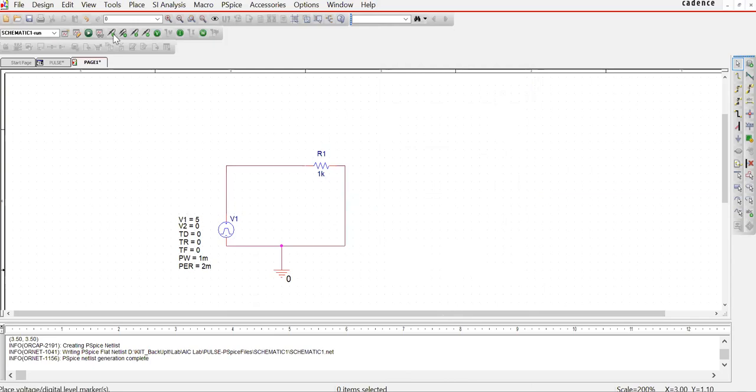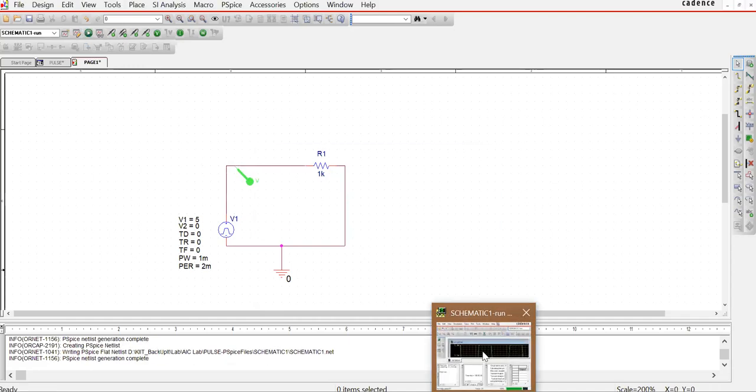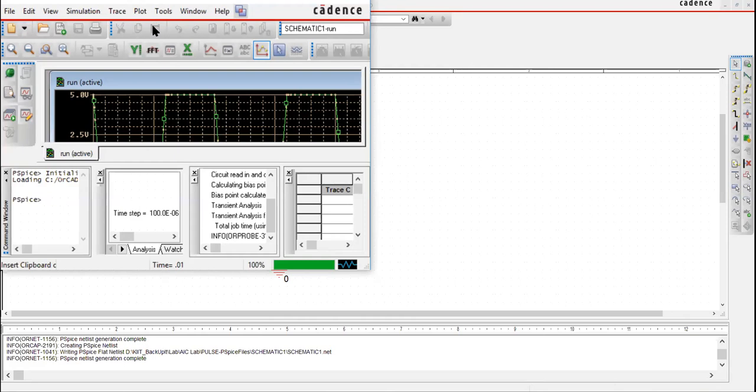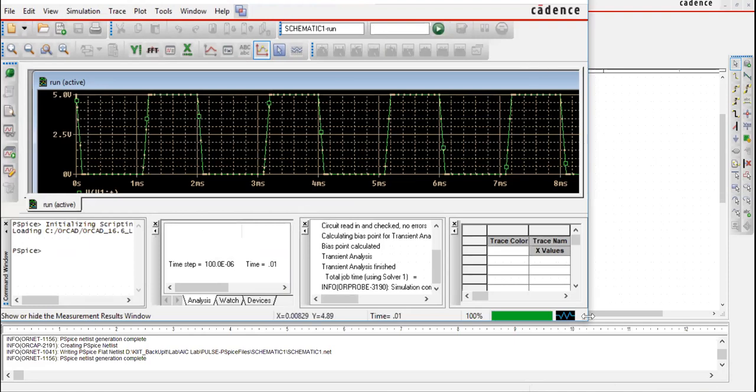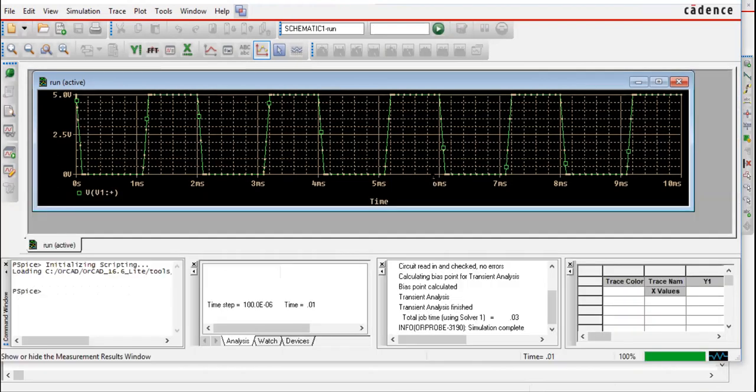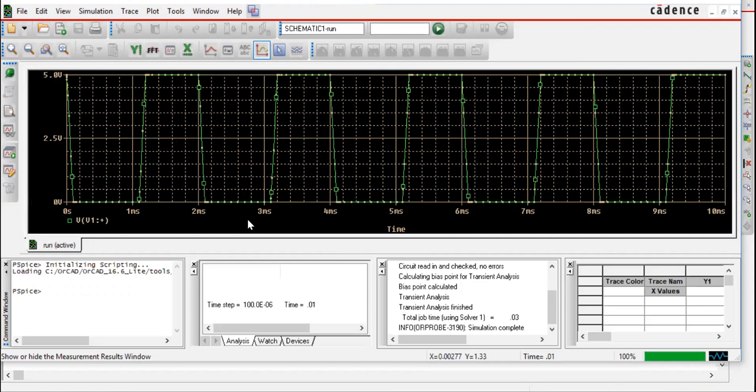Okay, so add a probe here. Let's see now. Here we can see 5 volt, 0, 5 volt, 0, 5 volt, 0.